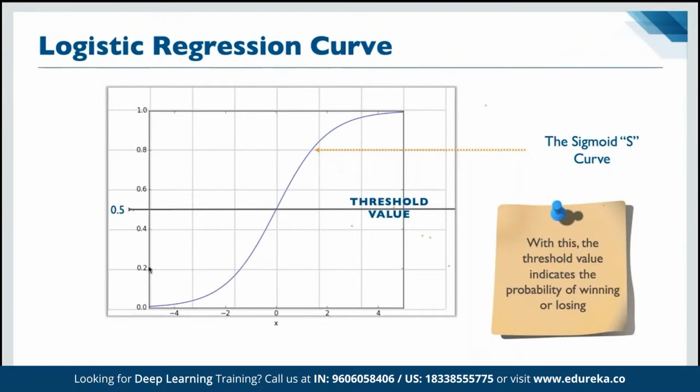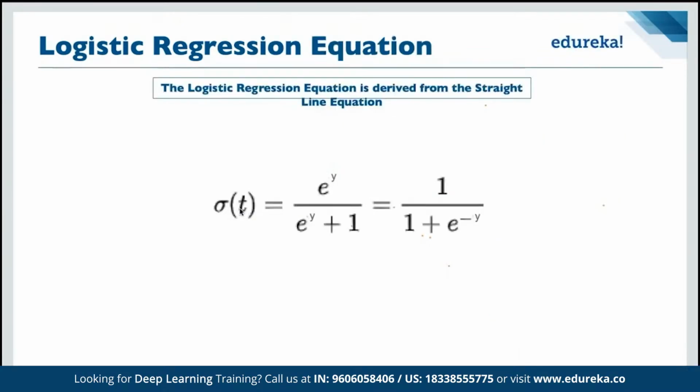These will be probabilities, so it can be any value: 0.10, 0.19, 0.89, 0.99, or 1. If the probability is less than 0.5, you will put that into one class. And if the probability is equal to or greater than 0.5, you will put that row into the other class. That's how, still using a mathematical equation, we are trying to solve this.